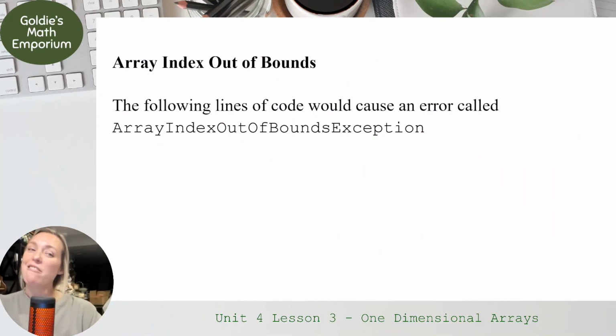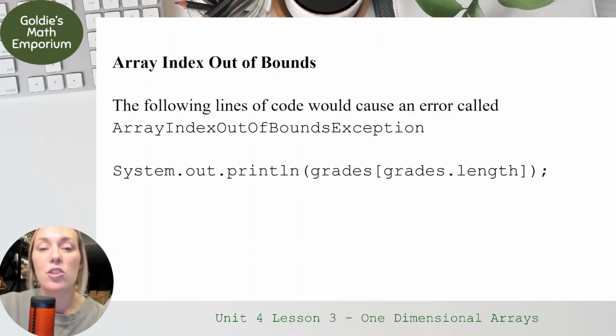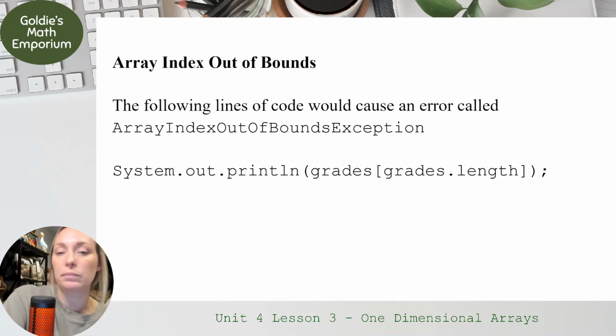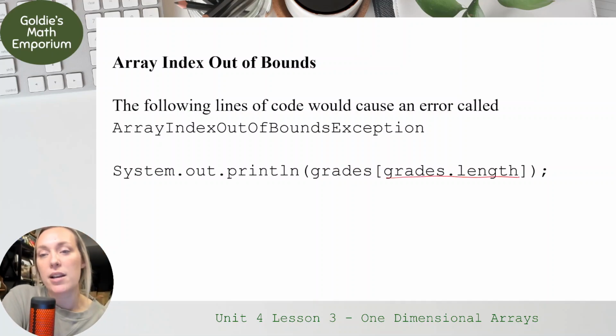Array index out of bounds. I have a few examples of code that are going to cause an array index out of bounds exception. It's a type of error that happens when you try to access an index that does not exist. So for example, remember grades.length is 5.